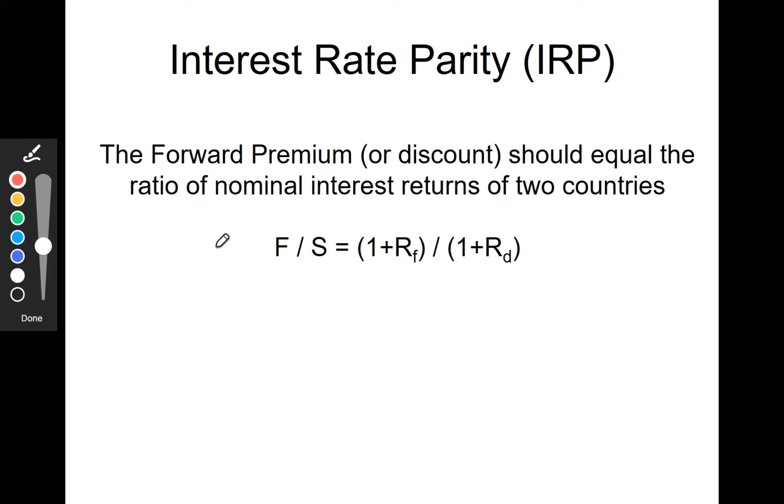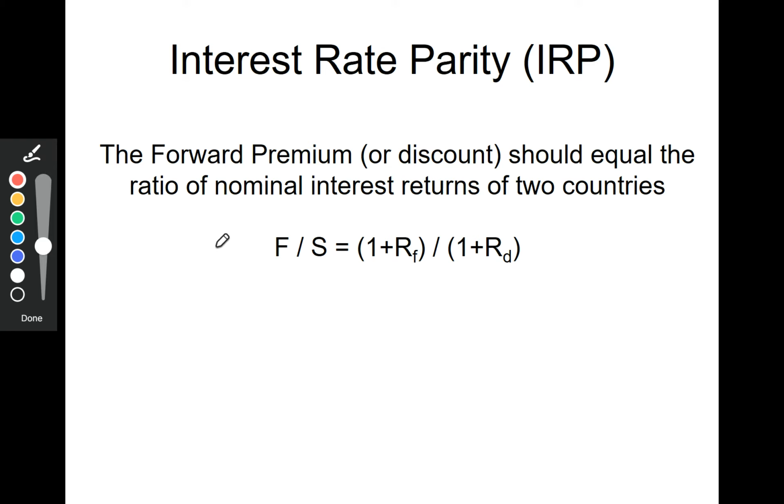Nominal means the quoted interest rate. We ask how much is the cost of capital on this debt, the interest rate on the loan, and they say 4%. That's a quoted interest rate or a nominal interest rate.